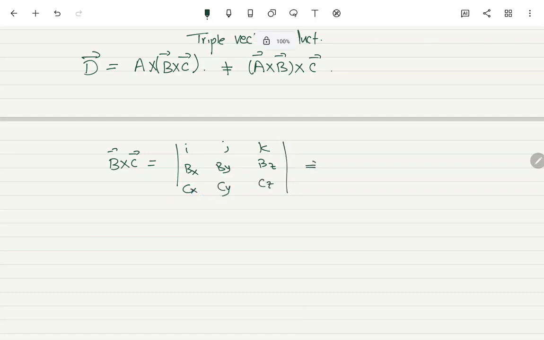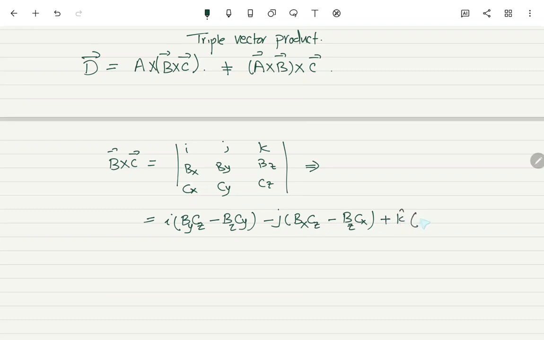When you do this, you will find it's equal to I (BY CZ minus BZ CY) minus J (BX CZ minus BZ CX) plus K hat (BX CY minus BY CX).